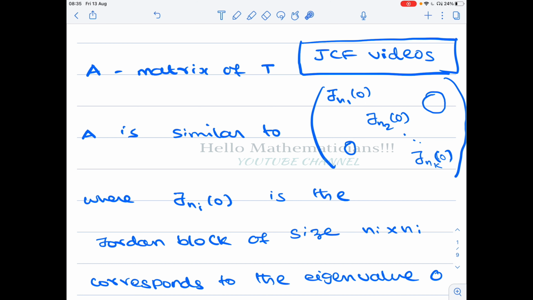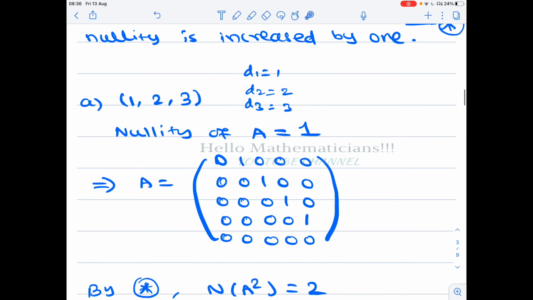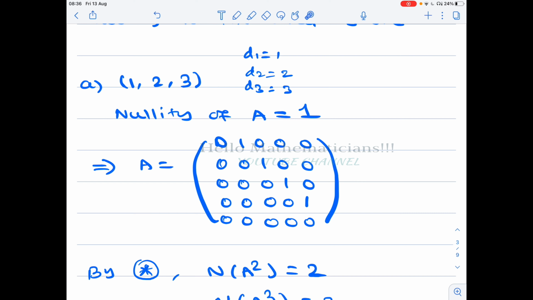Therefore nullity of A square will be nullity of A plus k, where k is the number of Jordan blocks of size at least 2. If there are size 1 blocks, you don't consider them; just count the number of Jordan blocks of size at least 2, and for each of them the nullity will increase by 1. Therefore nullity of A square will be nullity of A plus the number of Jordan blocks of size at least 2. With this observation, we answer the problem.